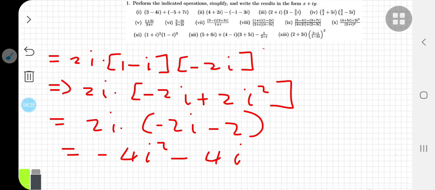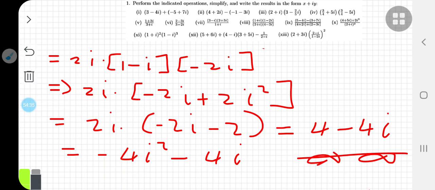From here, I'm going to have 4 minus 4i. And that gives me my solution. So that is my answer there. So 4 minus 4i. We move on.